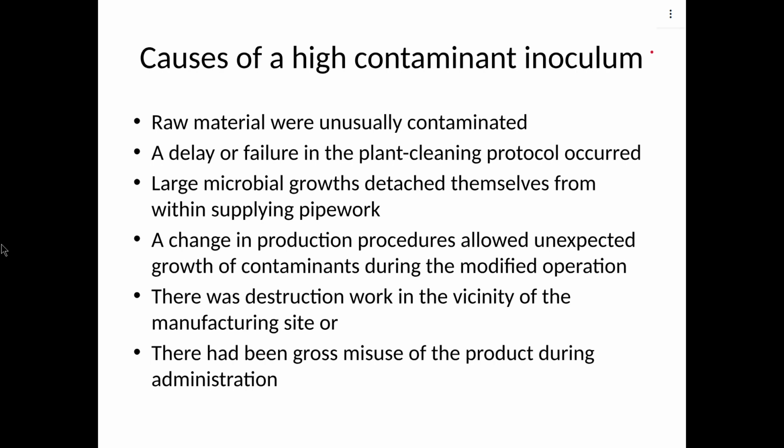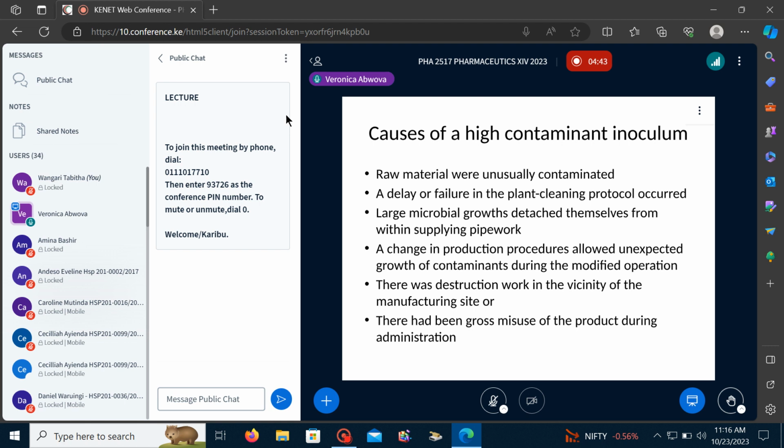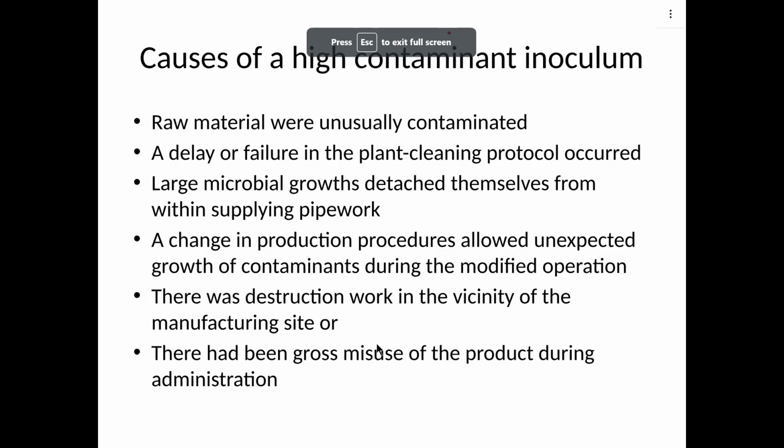Okay, so because of that, usually you want to avoid large contaminant inoculum. Okay, and that's why you will control contamination, for instance, in raw materials, in water, in all that. Okay, you limit the contamination, because remember, if you have a very high contamination, then probably the method you're using may not be adequate to adequately destroy the microorganisms.